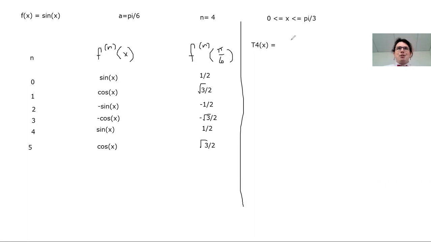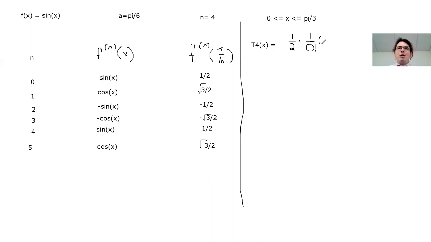So the constant term is going to be 1/2. And I've got to divide by 0 factorial. Since 1/2 is already a fraction, I'm going to write this as 1/2 times the fraction 1 over 0 factorial, just to make things a little tidier.